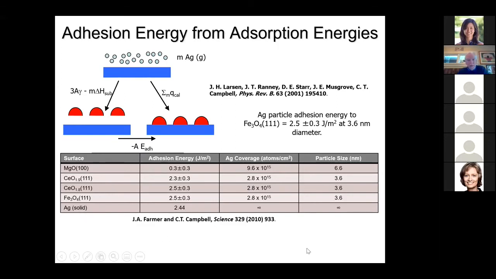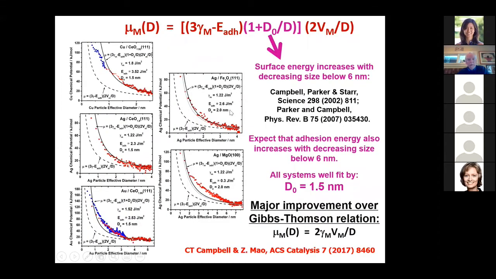And so we could use those kinds of things that had been determined for a long time in my group to get at the predictions of this equation that we derived that had this term in it and this term in it.